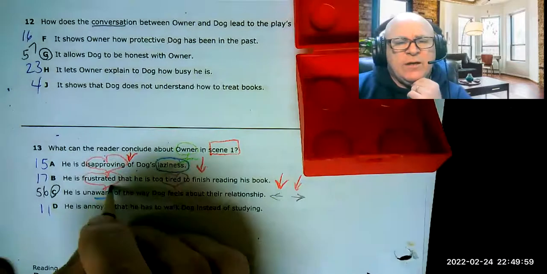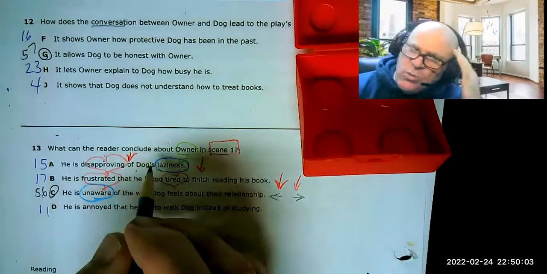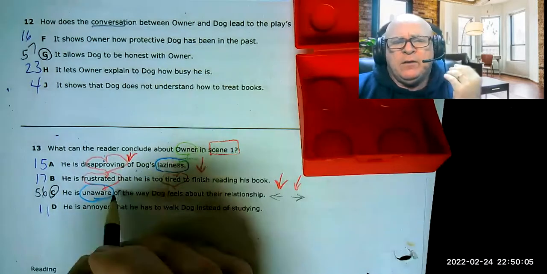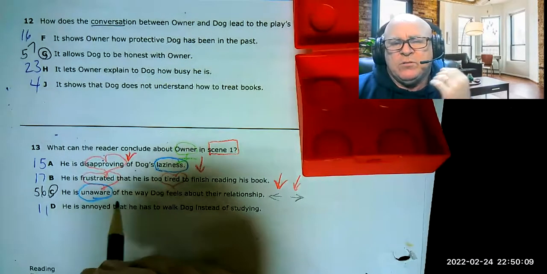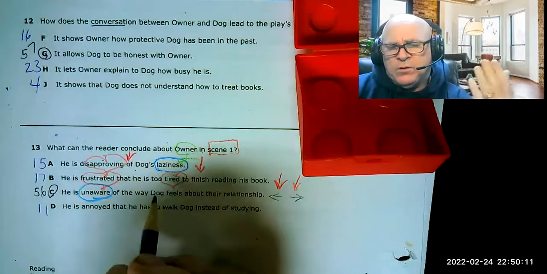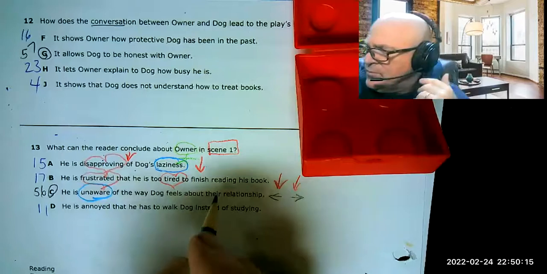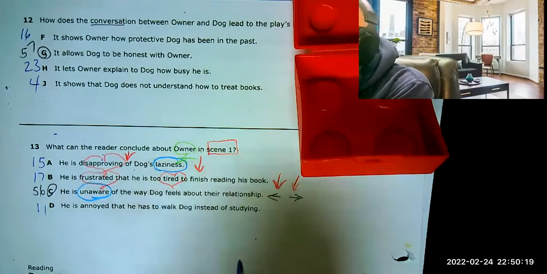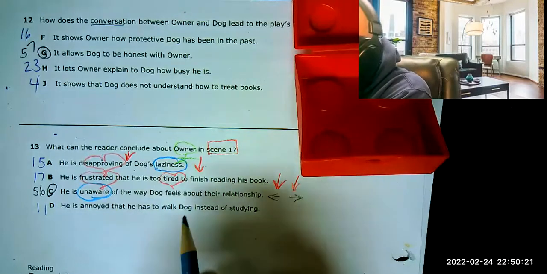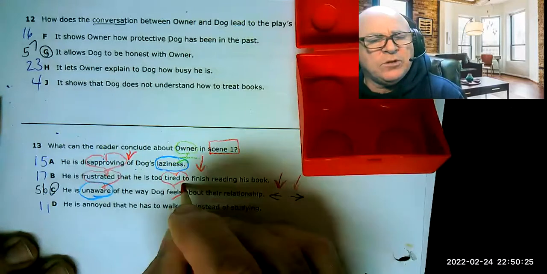So inside my head are opinions and thoughts. I'm not aware, I'm not thinking of the way that dog feels about our relationship, since we're the reader. A relationship, feelings, that's telling me.